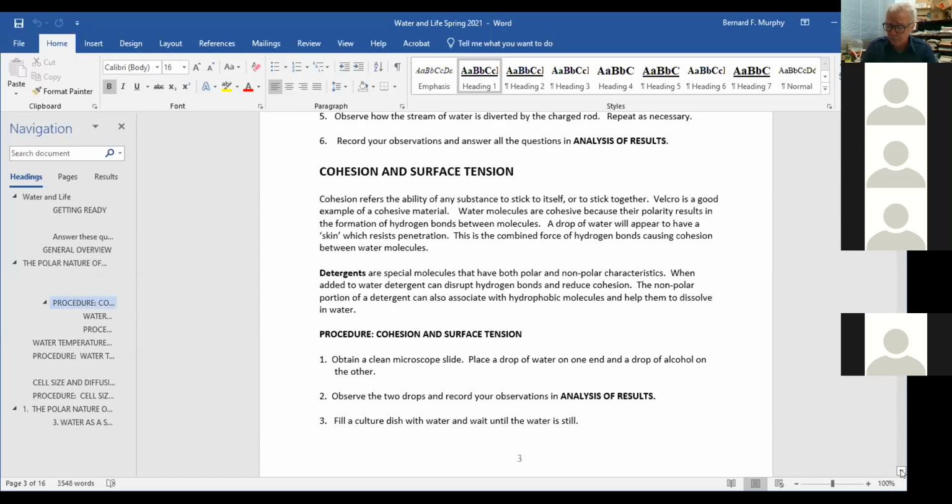Because dirt on your skin or dirt on clothes gets mixed with this oily sebaceous secretion on your skin. So in order to get to the dirt, you have to have something that's soluble in the oil, and a soap is. Soaps are made by taking usually animal fat and taking it to a rendering plant, it's called.